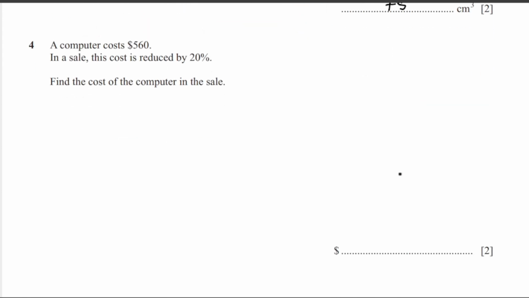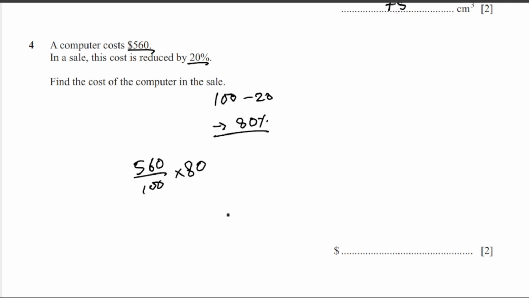A computer costs $560 in a sale. The cost is reduced by 20%. Find the cost of the computer in the sale. Okay, if the cost is reduced by 20%, what is the remaining percentage, right? That's going to be 100 minus 20. Remaining percentage is 80%. So we need to calculate 80% of 560, right? 560 over 100 times 80, we are going to get, I believe, 448.